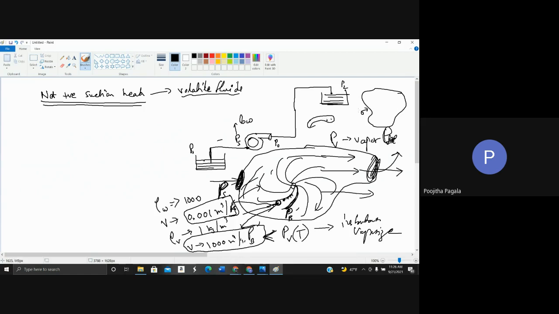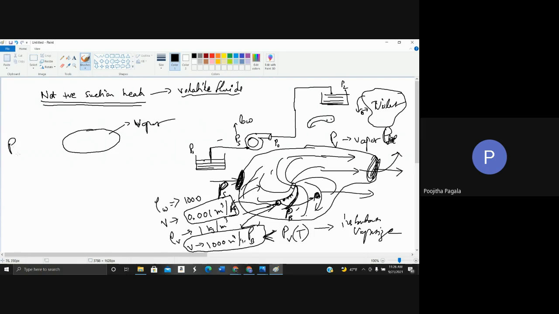And sometimes, once these water vapor bubbles form here and travel to a region of higher pressure, where the pressure is greater than the vapor pressure, they transform back from vapor to liquid, and this transformation is very violent. So you have a bubble. This is the water vapor bubble.